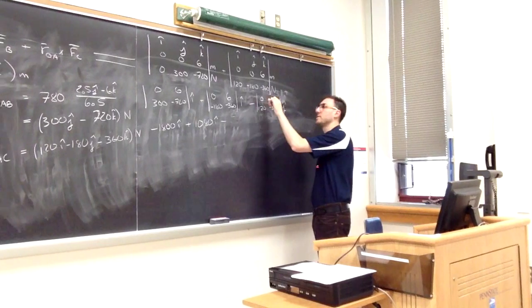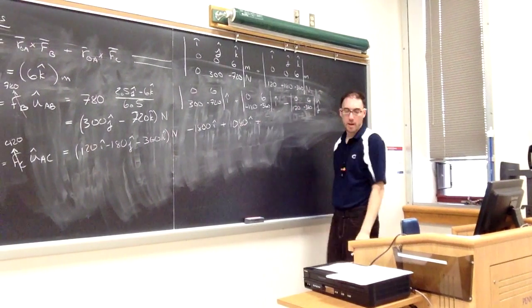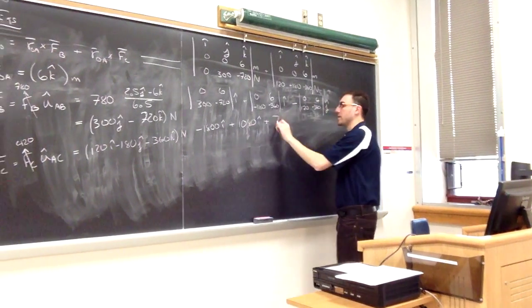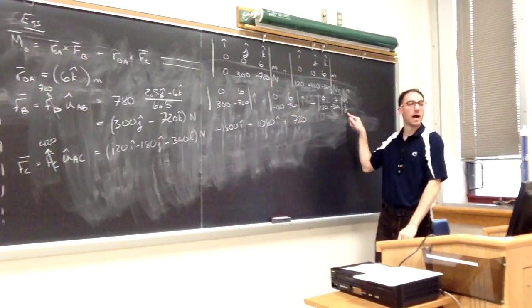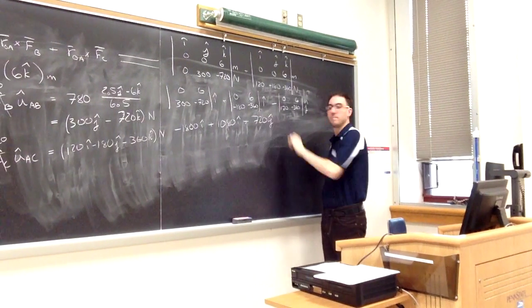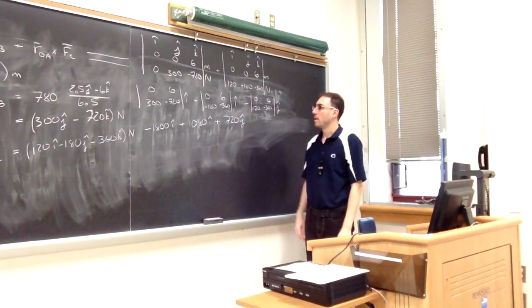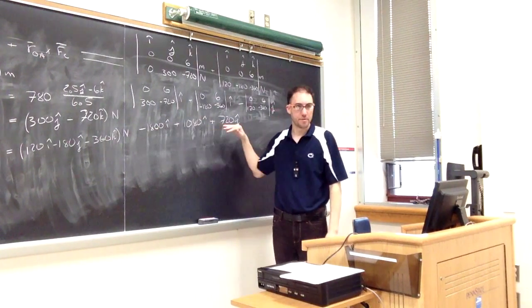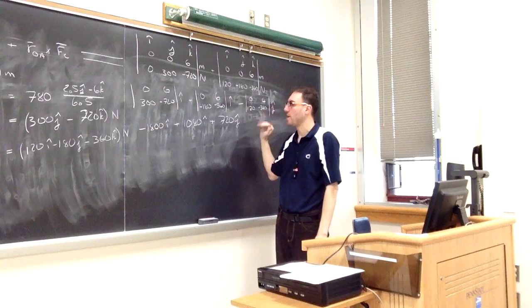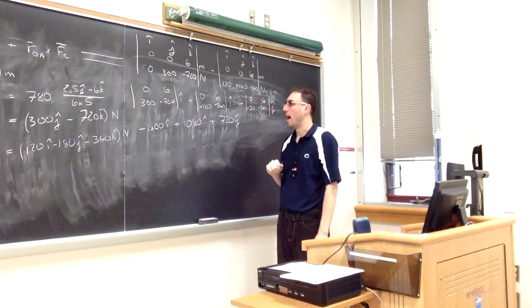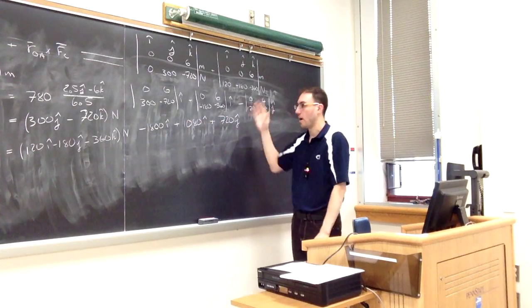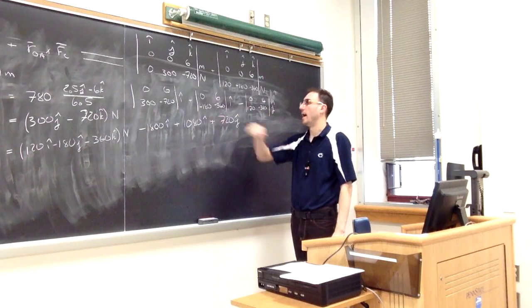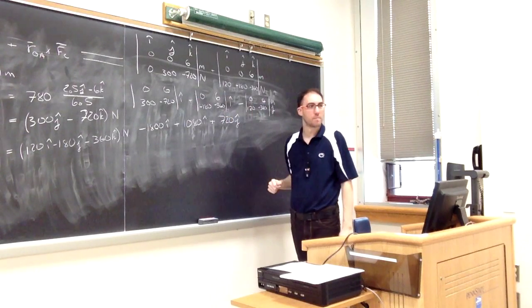So minus negative 720 will be plus 720 times j. Questions on getting these three values? Again, the rest of them drop out to 0 anyway, so I didn't write them. But you should be getting 0 for both of the k's and then this j as well.